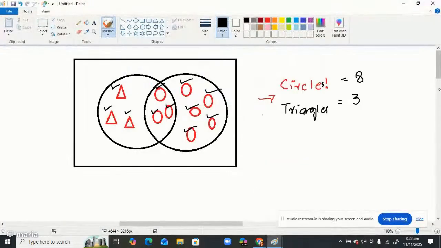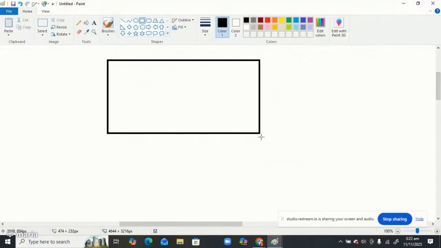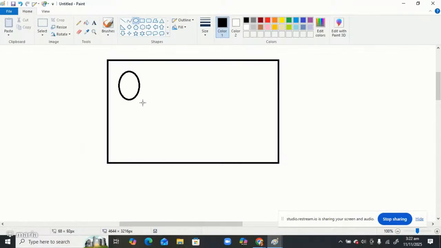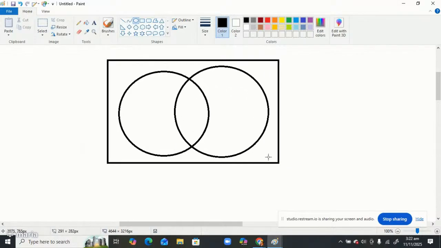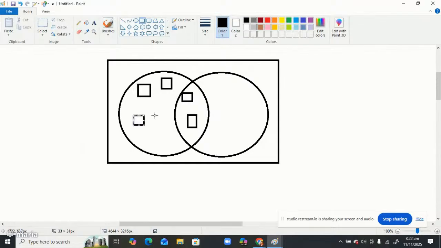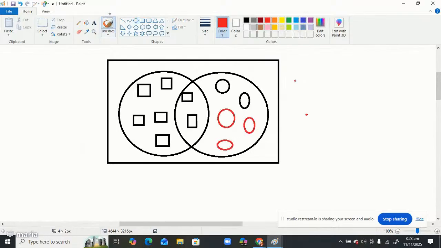They are saying that the color is also important. Sometimes I'm going to draw a figure here, and if you have a question this way, I'm going to say, you guys tell me how many shapes are black in color.